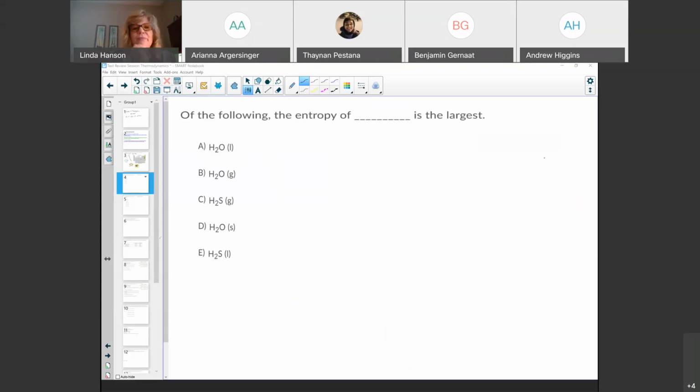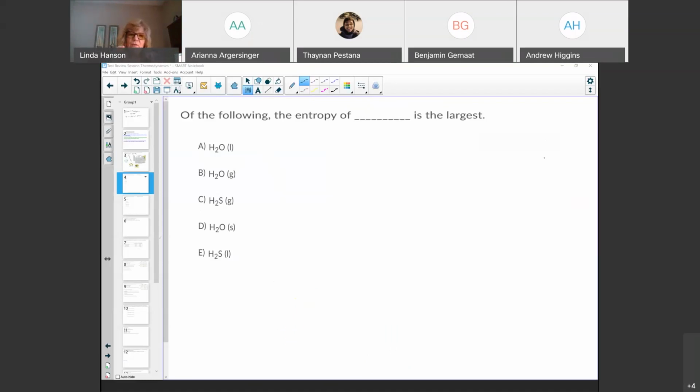Okay. Let's take a peek at something similar. Here we see, which of the following has the largest entropy? Let me read through the list. We have liquid water, gaseous hydrogen sulfide, solid water, and liquid hydrogen sulfide.